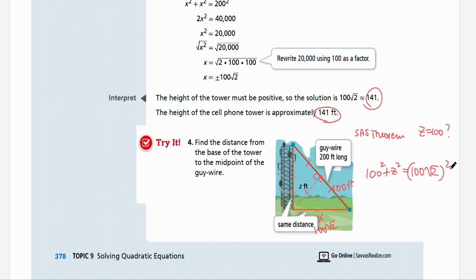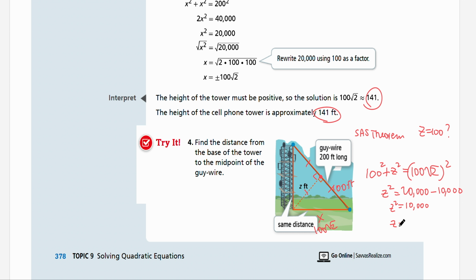You have 100 square root 2 squared, which is 10,000 times 2, so 20,000, minus 100 squared, which is 10,000, which is equal to z squared. So that's 10,000 equal to z squared.